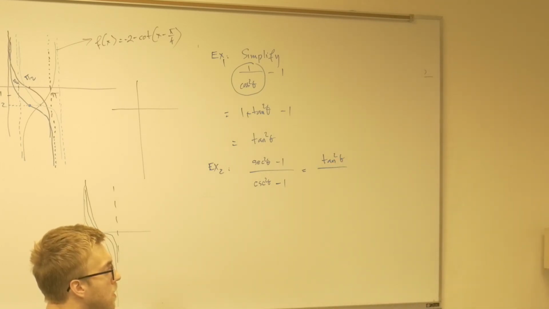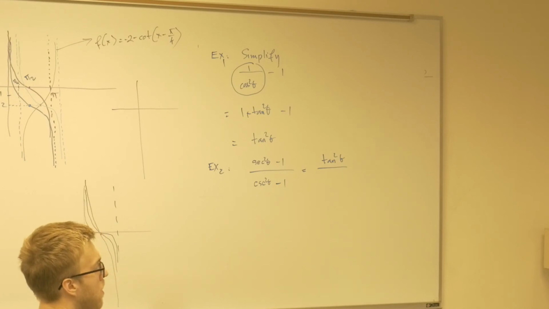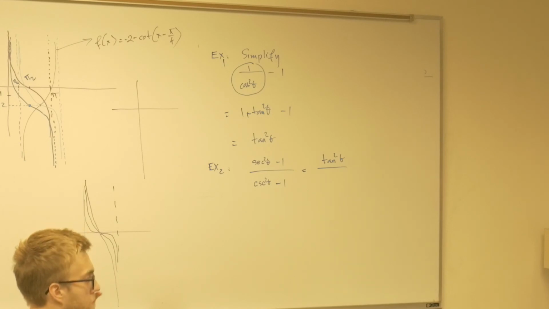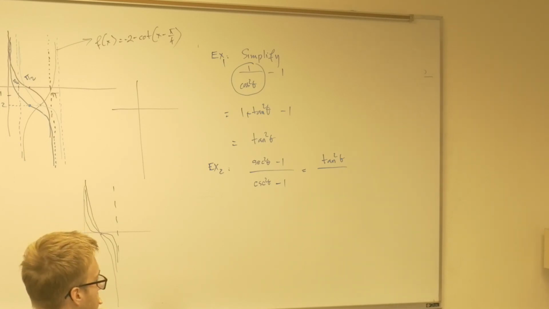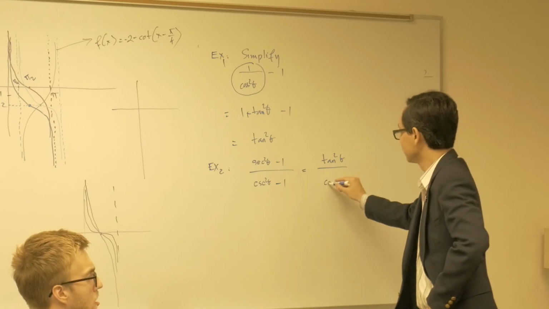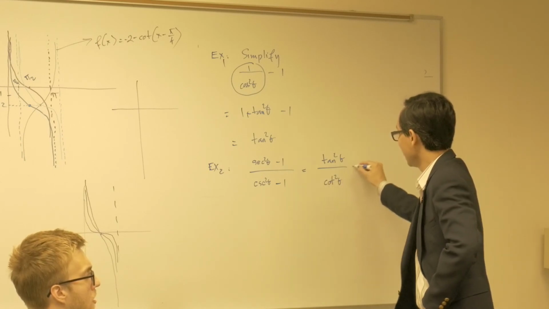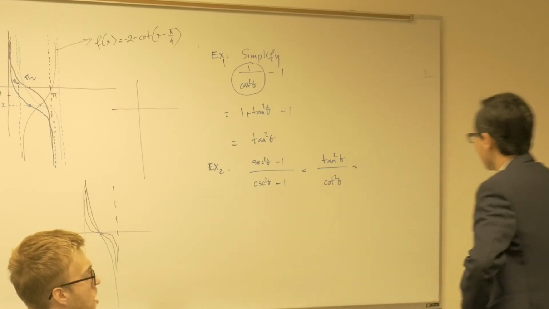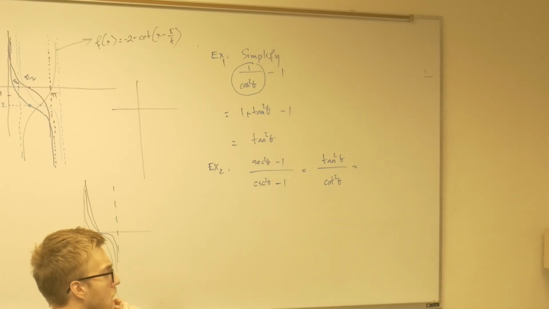And we do the same thing for cosecant squared minus 1. Cosecant squared, you subtract both sides by 1. It's cosecant squared minus 1 gives you cotangent squared. And tangent square over cotangent square, you can use this relation between cotangent and tangent.